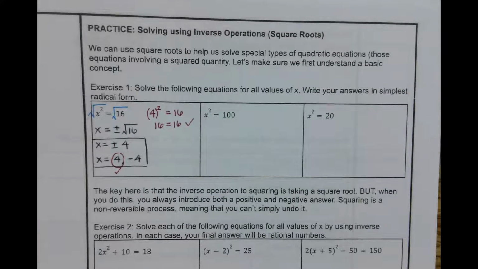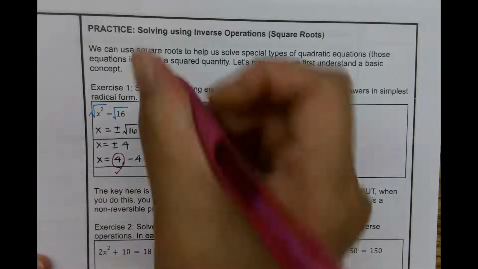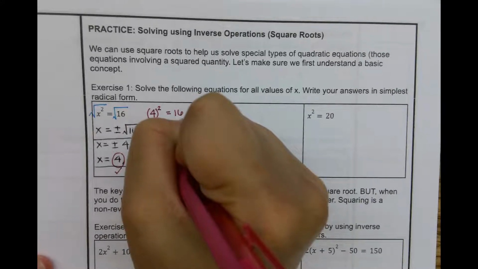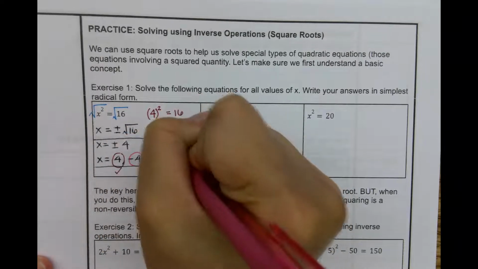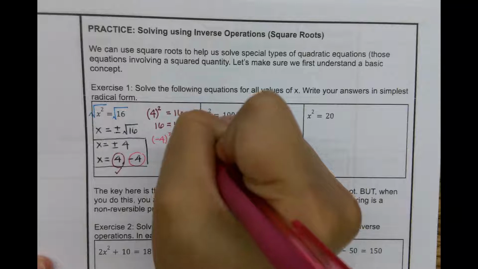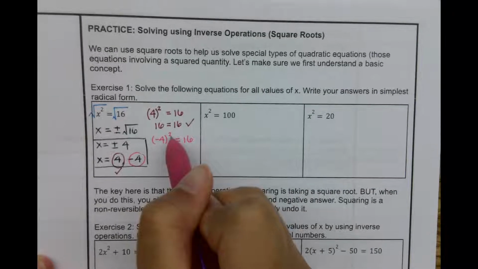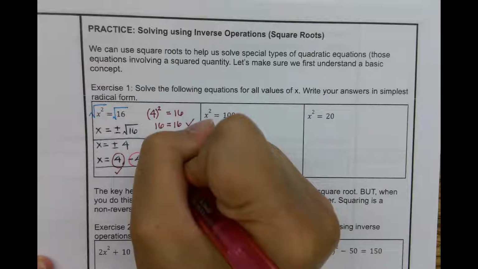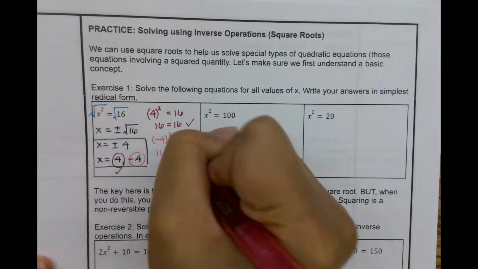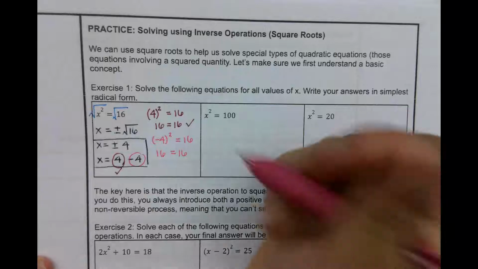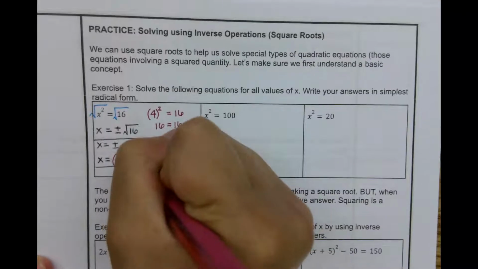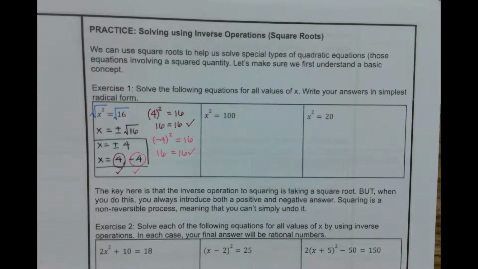Then the other solution was negative 4, and we're going to see if this is true. Negative 4 squared is negative 4 times negative 4, which is 16 as well. Does 16 equal 16? Yes, it does, and that is why negative 4 is also a solution.